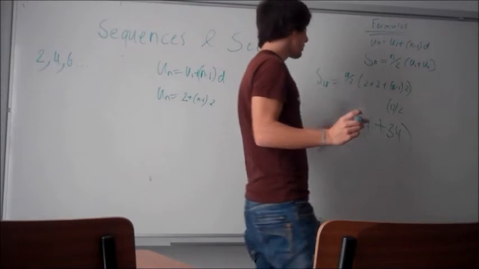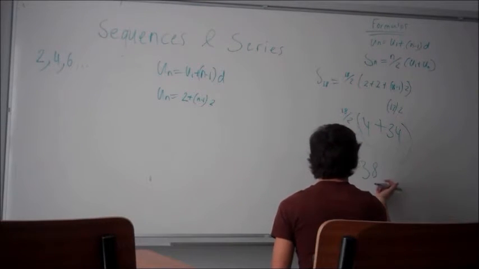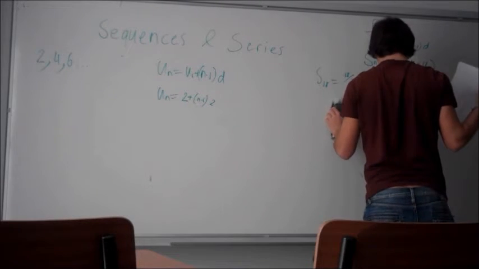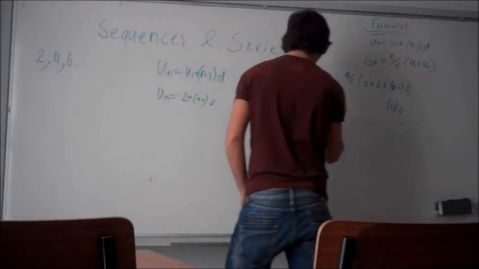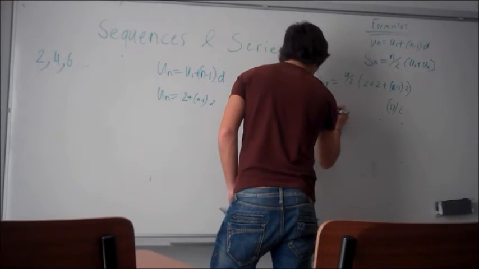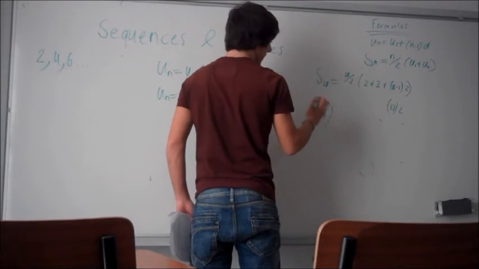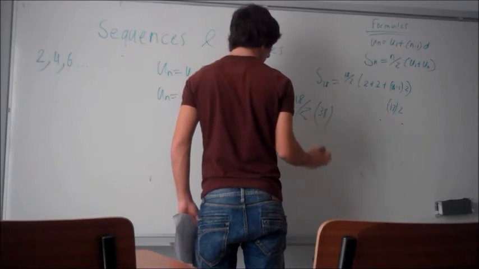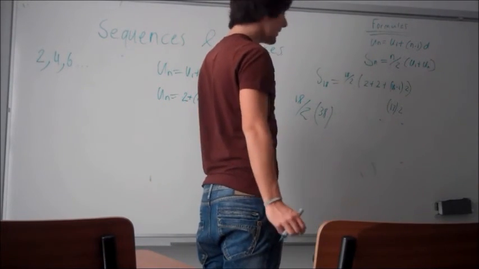So you get 4 plus 34, which is 38. Wait, let me erase this so you can see better. Okay, so you get 38, and then 18 over 2. So you just do, what's 18 over 2?